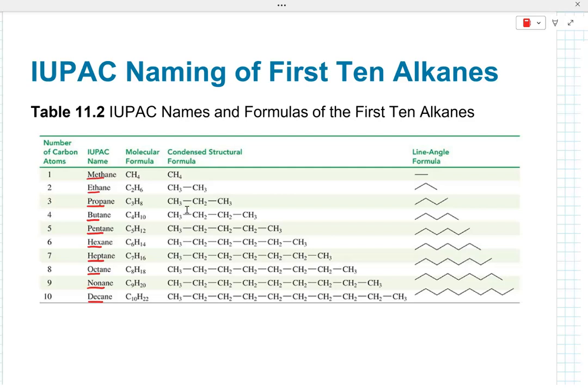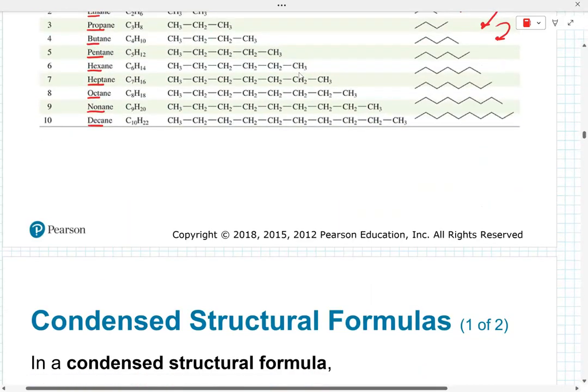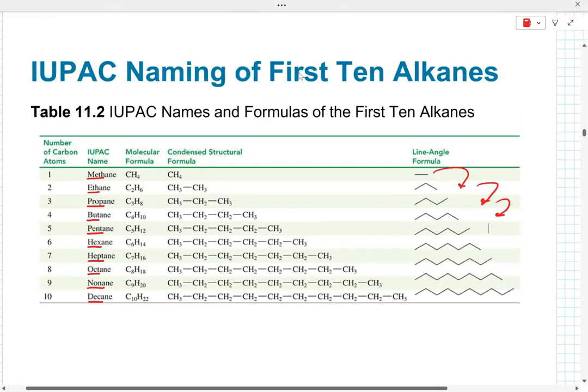There is no line angle formula for methane. It would be a dot. So this should go here, propane, butane, and so on. Okay? Making sense, everybody? But are those actual mistakes, or is that actually how it is?